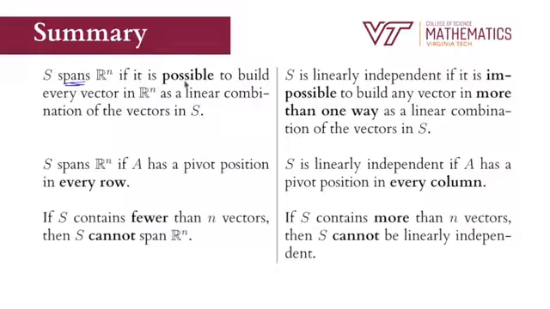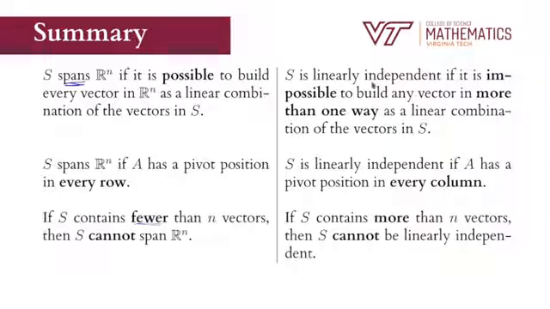The test for spanning is if the echelon form of A has a pivot position in every row. If S contains too few vectors, then we cannot span Rn because we run out of vectors before we run out of rows. So if the set is too skinny, then spanning is not possible.